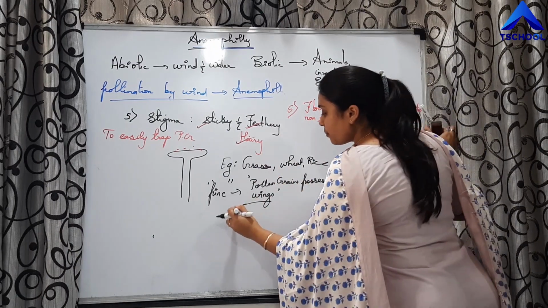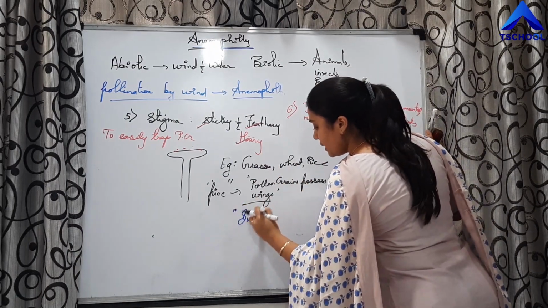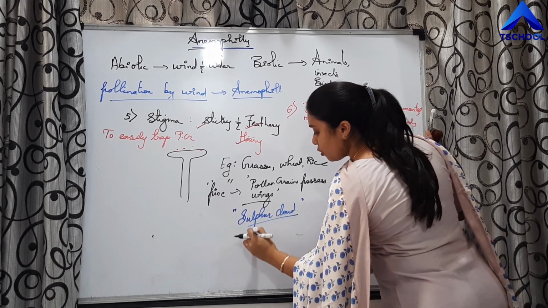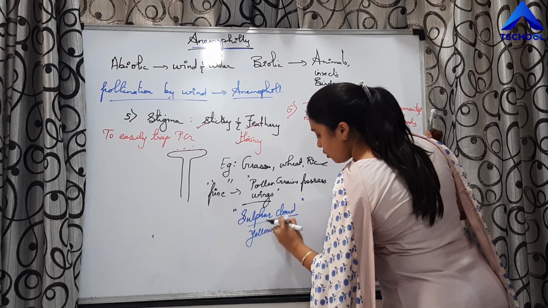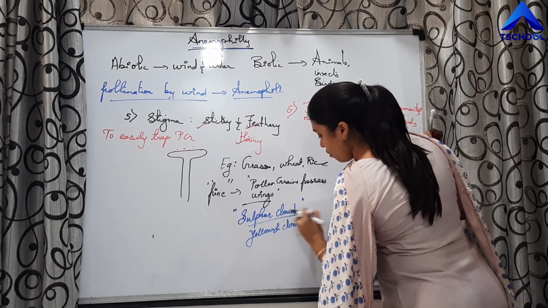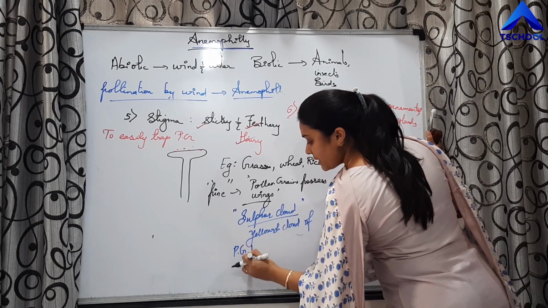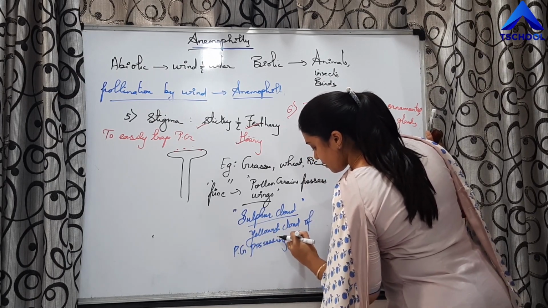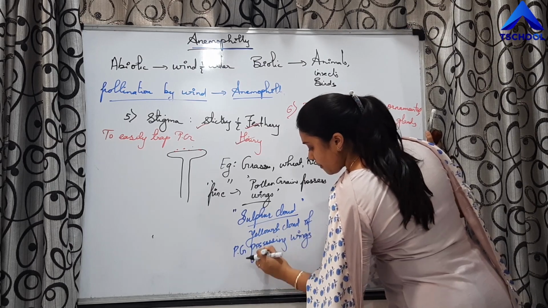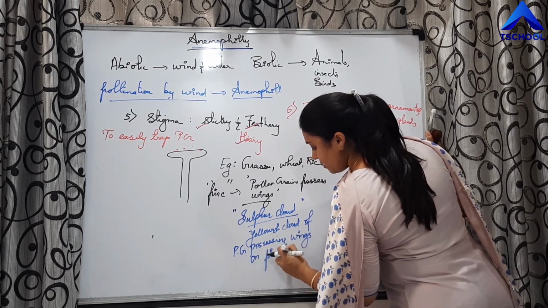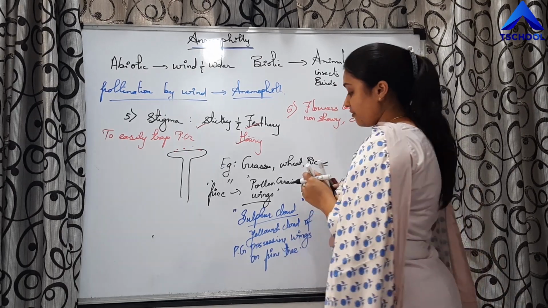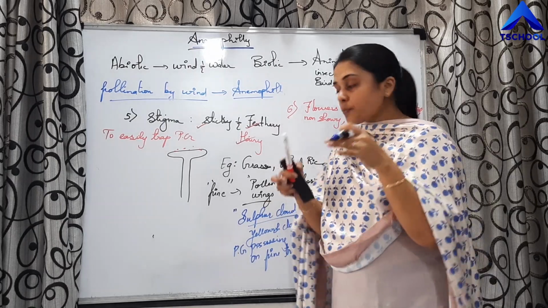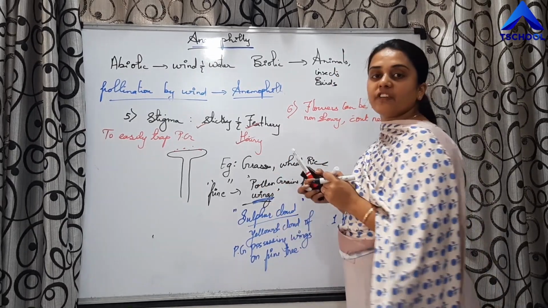That cloud of pollen grains is called sulfur cloud. It is a yellowish cloud of pollen grains possessing wings on the pine tree. This is a typical feature.